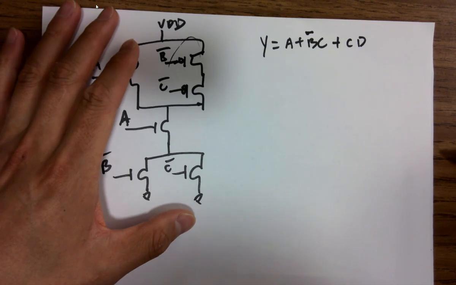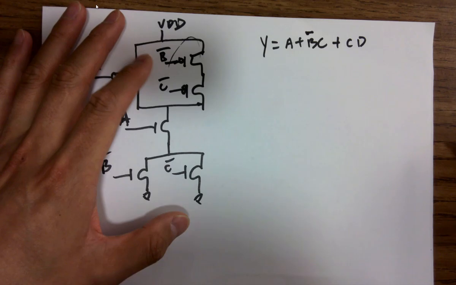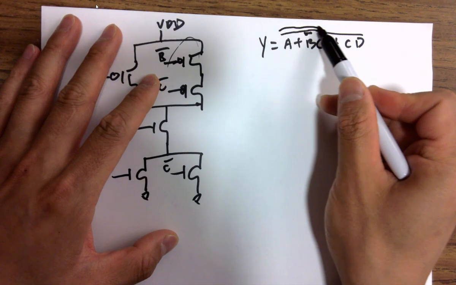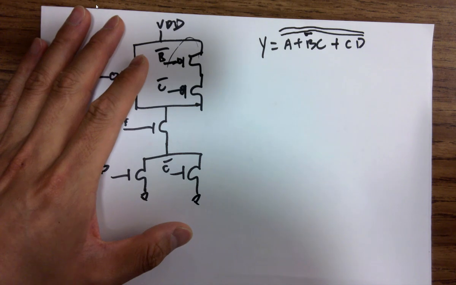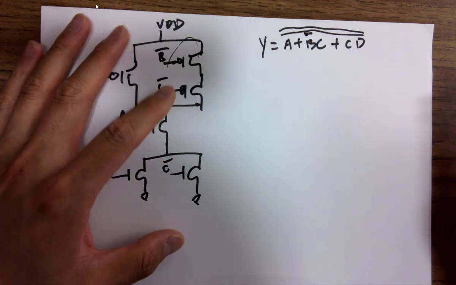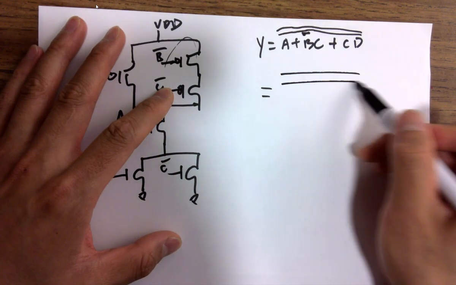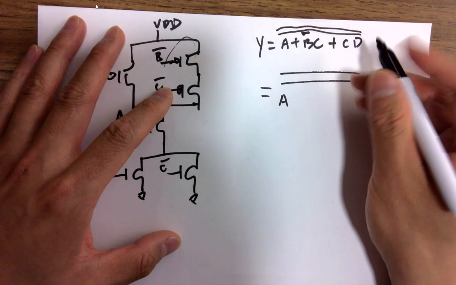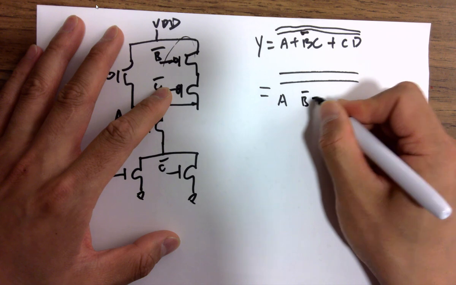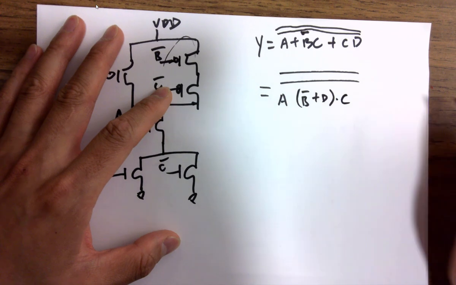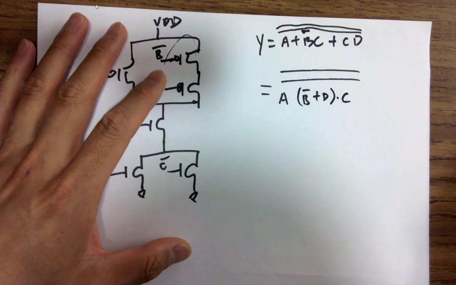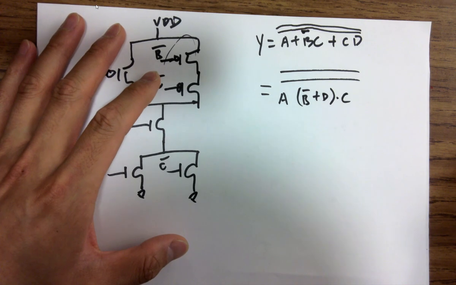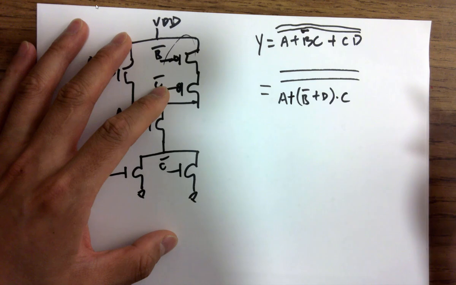Apparently we should apply the same method: directly throw 2 bars on top. So we can combine these two items first. It can be B not or D and C. That's OR logic.